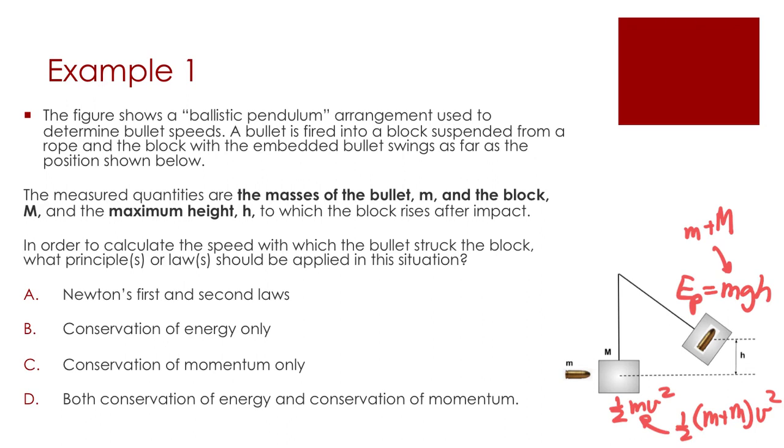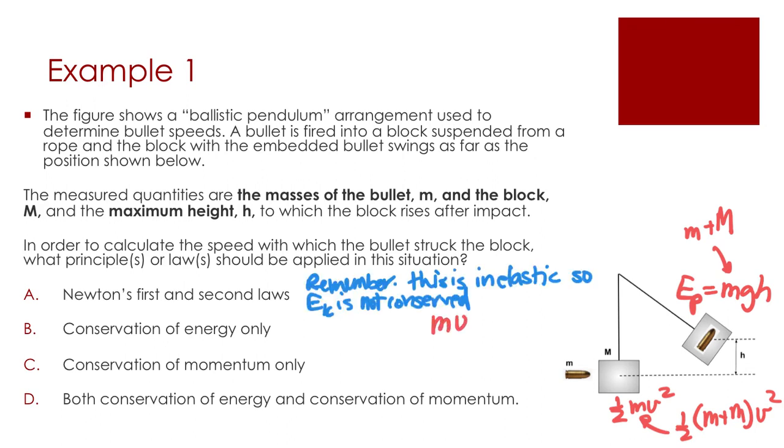And then if I think even back before that, I had the mass of the bullet and whatever speed it was traveling. My block had no momentum, but then afterwards they've stuck together, so my total mass is little m plus big M times the same speed that I'm looking for down here.